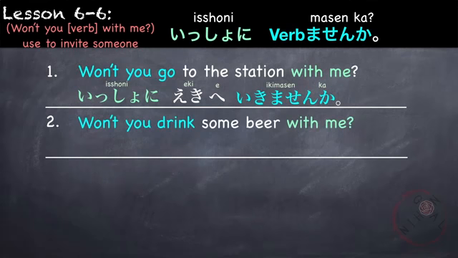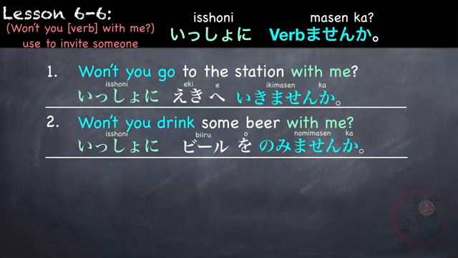一緒に駅へ行きませんか? Won't you drink some beer with me? 一緒にビールを飲みませんか? ビール means beer, followed by the particle o, and then the verb drink or won't you drink, 飲みませんか?